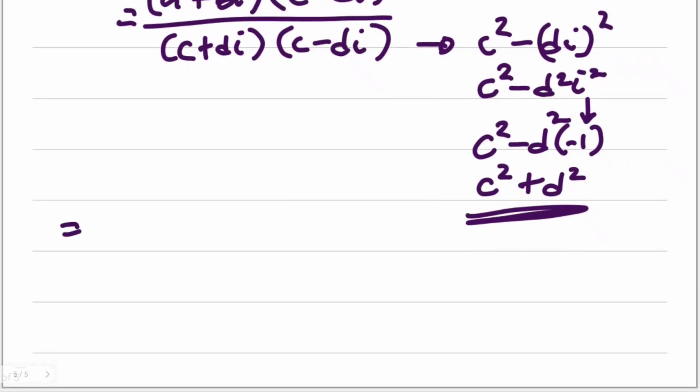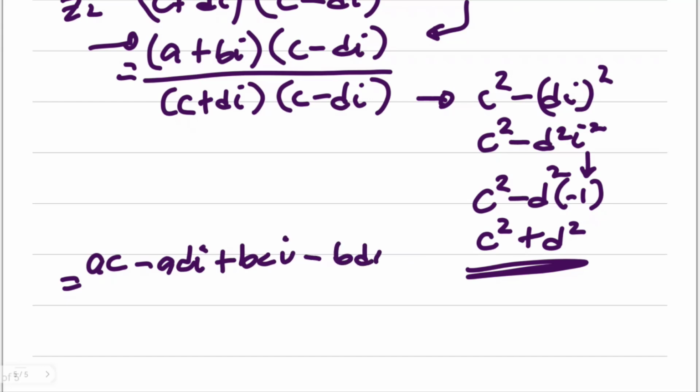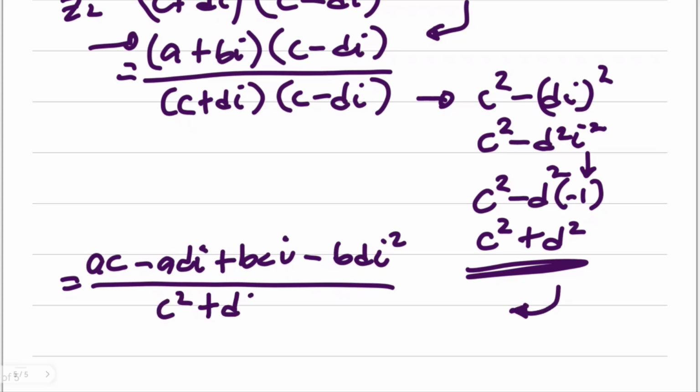Using the FOIL method for our numerator, you will have ac minus adi plus bci, then minus bdi squared, because that's bi times di, all over c squared plus d squared.